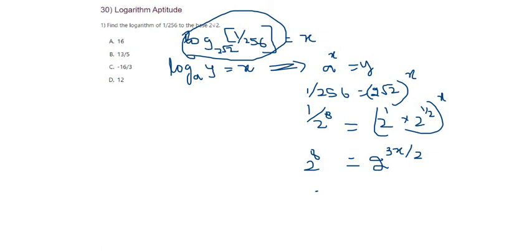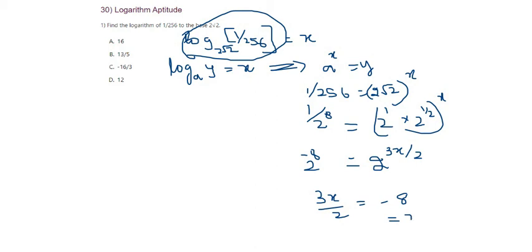And your 3 to the power x will come like this automatically, 3 to the power x by 2, which is equal to minus 8. This is minus 8. It's coming on the top, right? Cancel the two values.